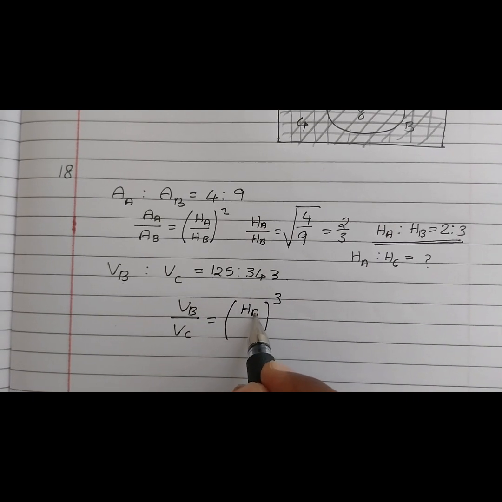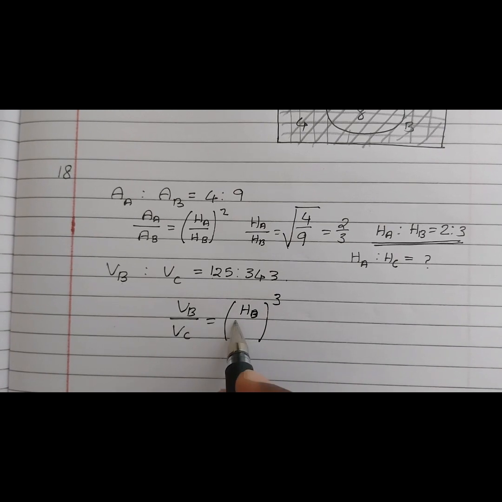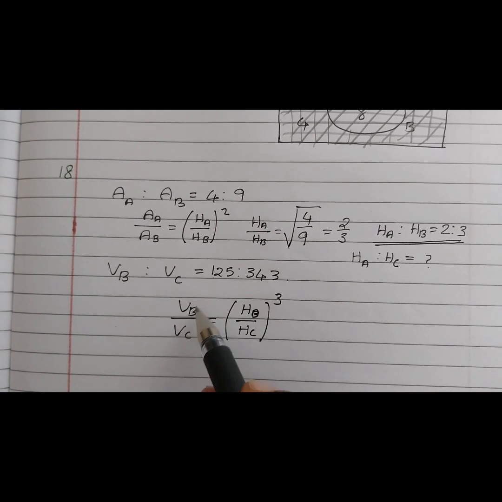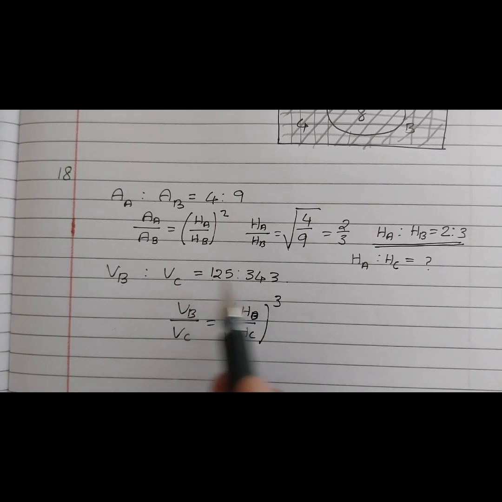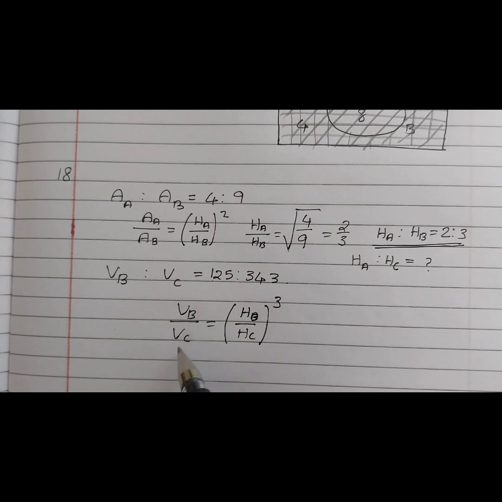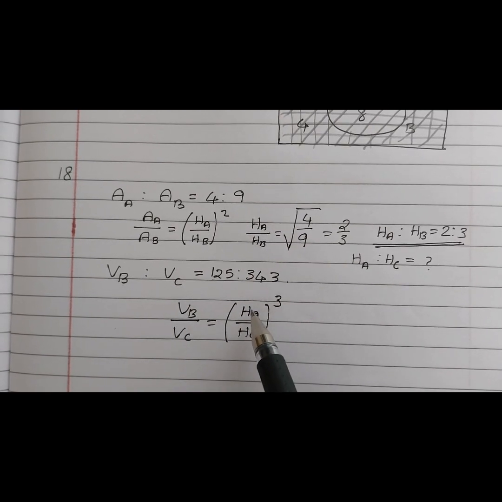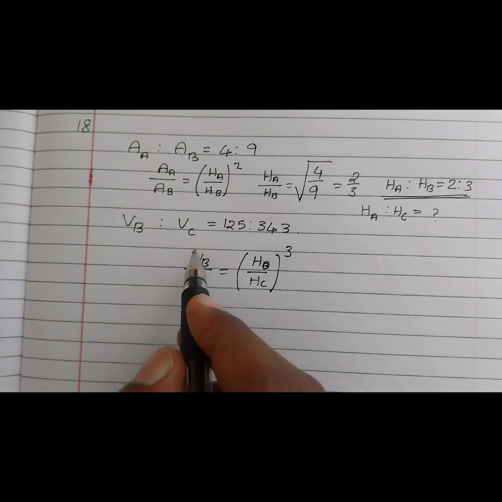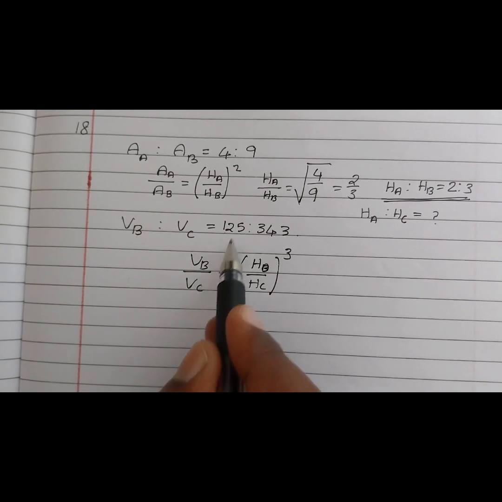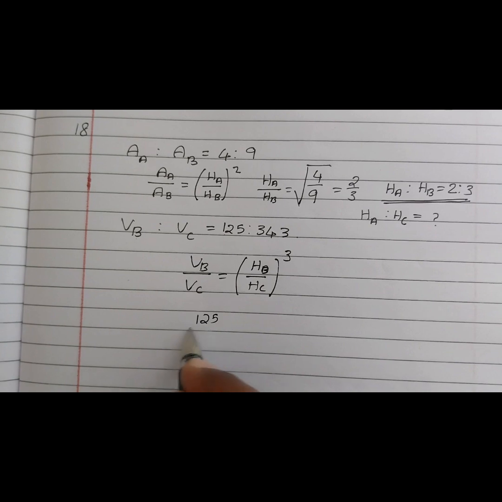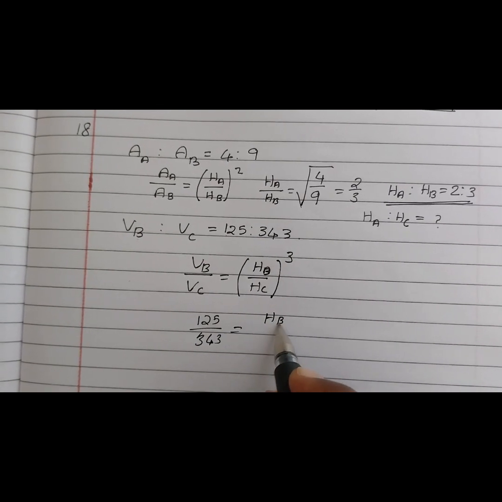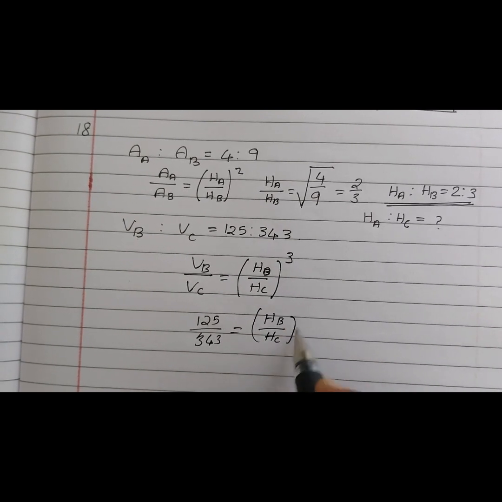So let's name it as height of B over height of C. Volume of B over volume of C equals height of B over height of C the whole cube. So now let's substitute the volumes of B and C here. So it's 125 over 343 equals height of B over height of C the whole cube.